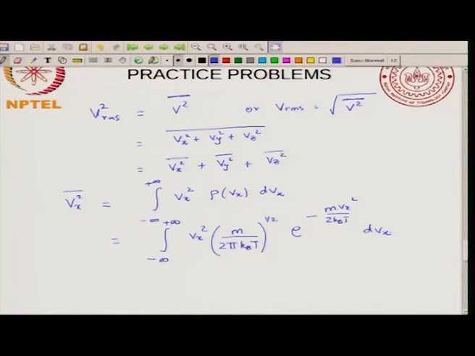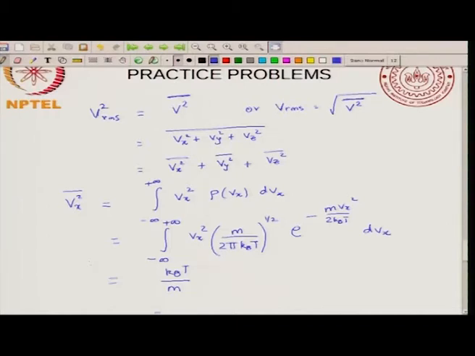When you do this integral, you will get kBT by m. All the other factors will go off, and what you will be left with is kBT by m.